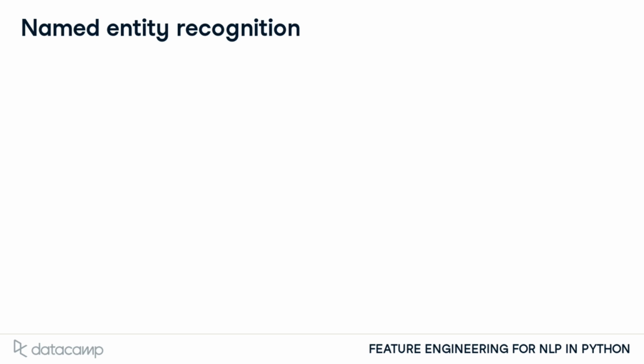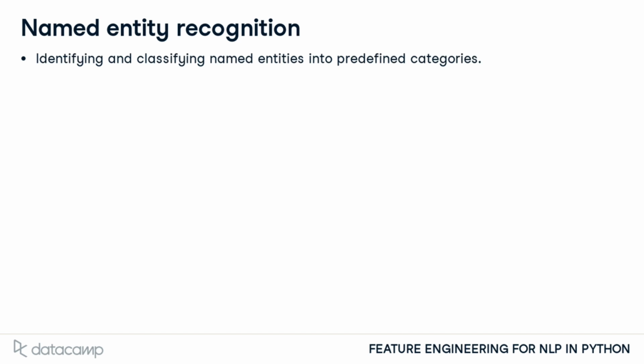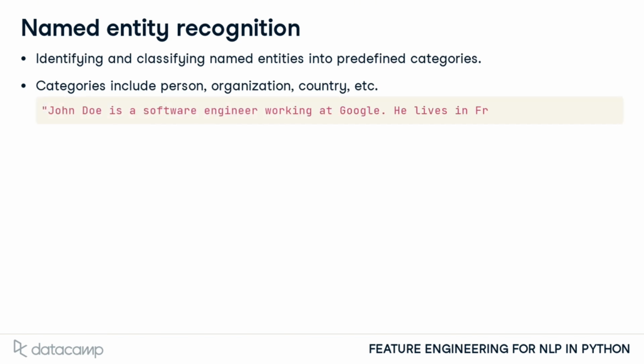Let us now get down to the definitions. A named entity is anything that can be denoted with a proper name or a proper noun. Named entity recognition, or NER, therefore, is the process of identifying such named entities in a piece of text and classifying them into predefined categories such as person, organization, country, etc. For example, consider the text, "John Doe is a software engineer at Google.